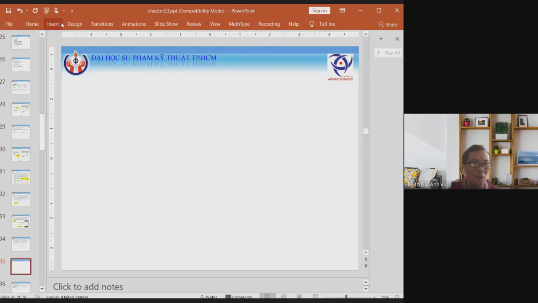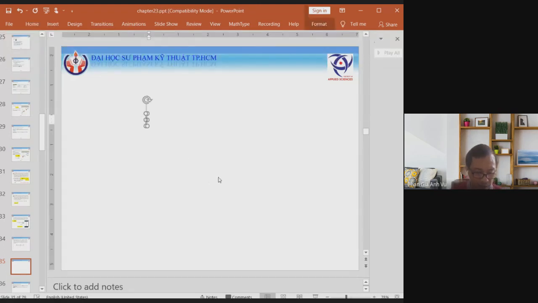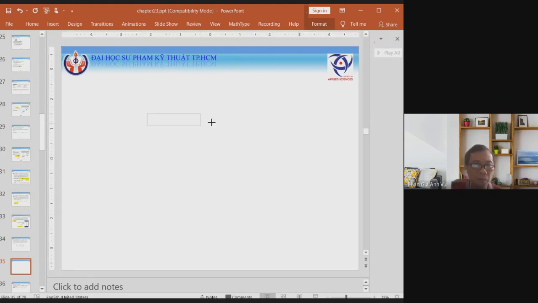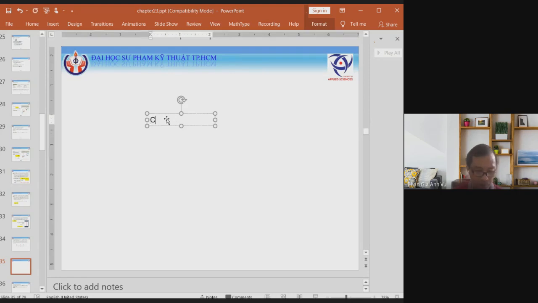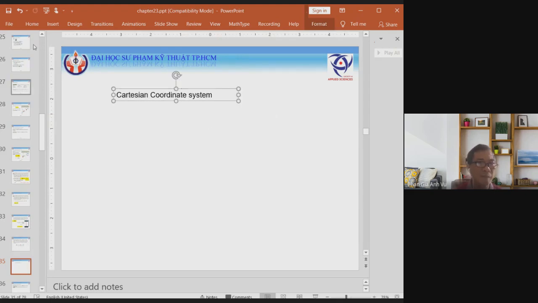Okay, let's talk about the coordinate system. We have to use this in almost every problem, so it's important to repeat. I have a review of that. Look at this. We have the Cartesian coordinate system. In this coordinate system, we have 2 axes.